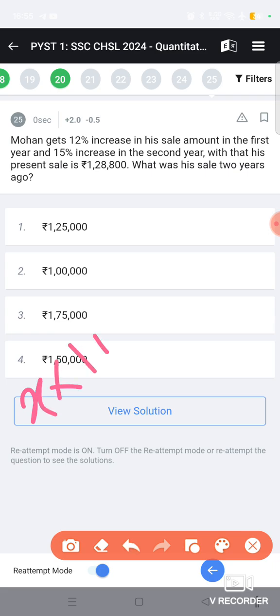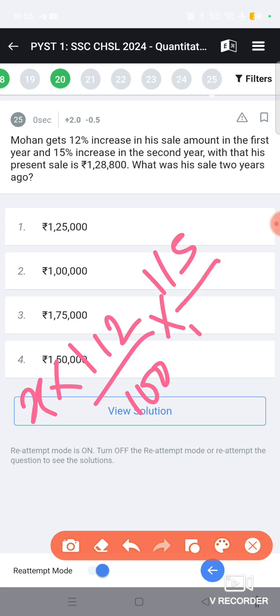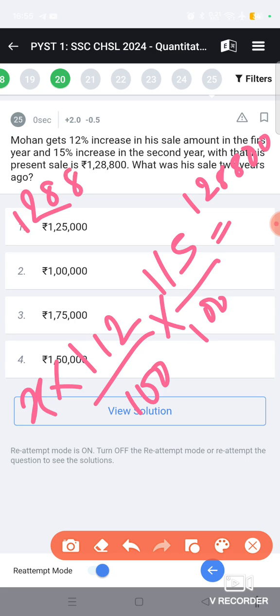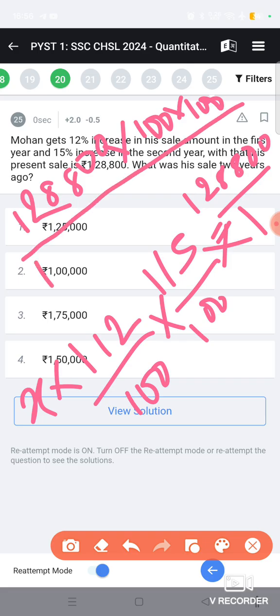So x into 112 divided by 100 into 115 divided by 100 is equal to 128800. We do cross multiply, then x equals 128800 into 100 into 100 divided by 112 into 115.